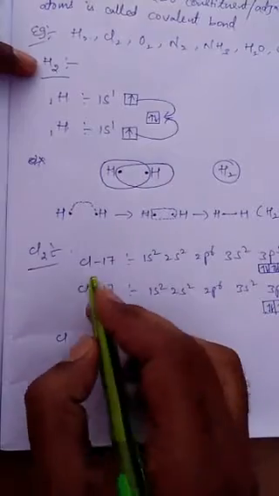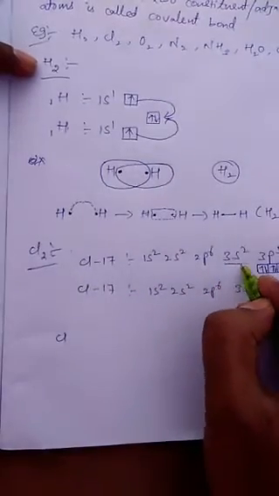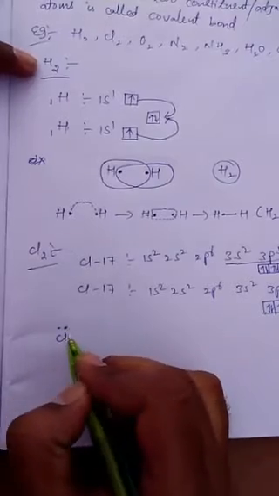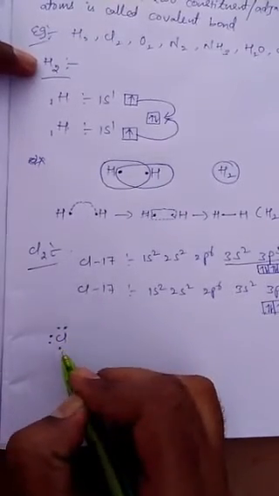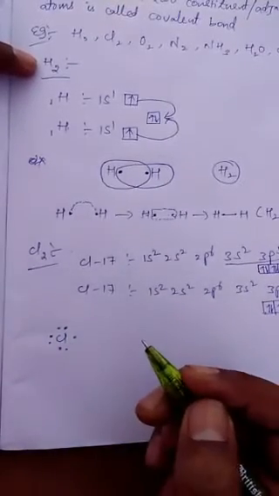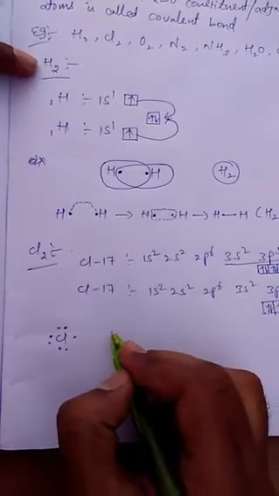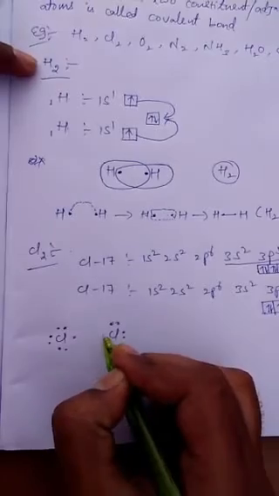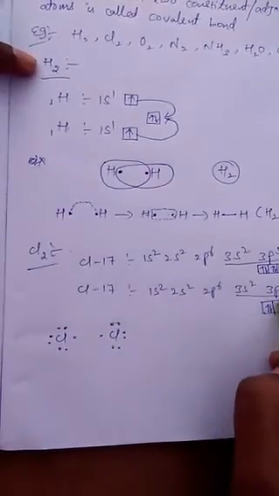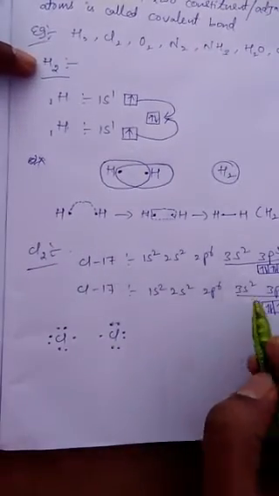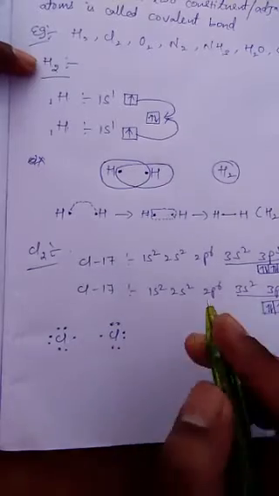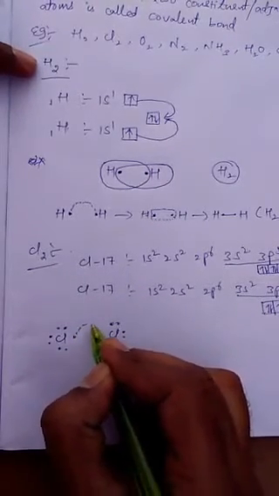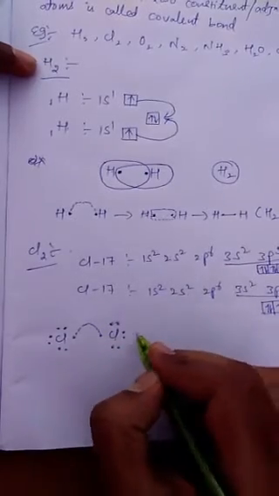See, the first chlorine's valence electrons are 7, 2 plus 5, 7 only. So keep 7 dots, 1, 2, 3, 4, 5, 6, 7. These are the valence electrons of chlorine. Next for the second chlorine, 1, 2, 3, 4, 5, 6, 7. Its valence electrons are also 7, outermost shell electrons 2 plus 5, 7 only. Then the first chlorine gives 1 electron and the second chlorine gives 1 electron.